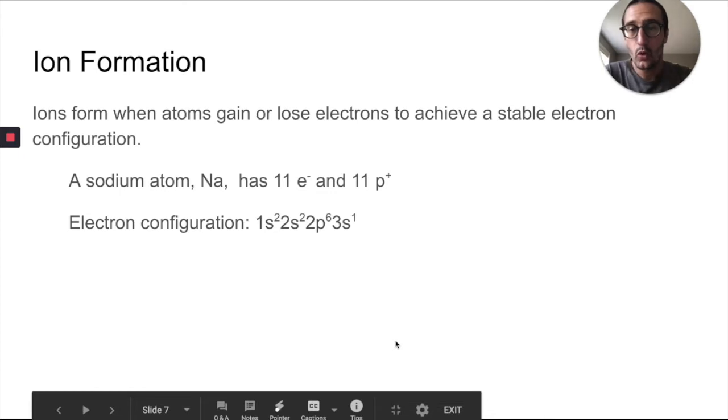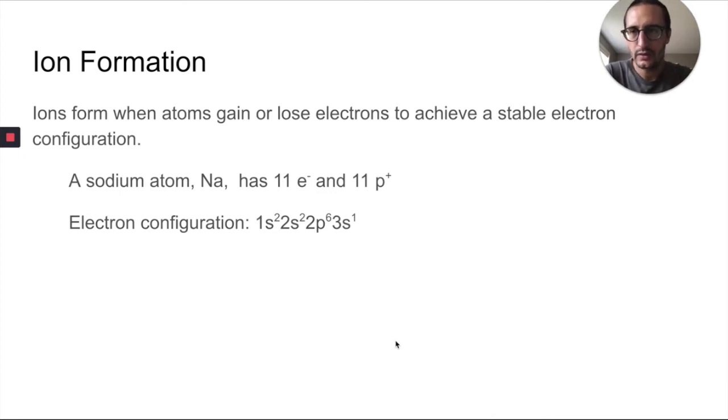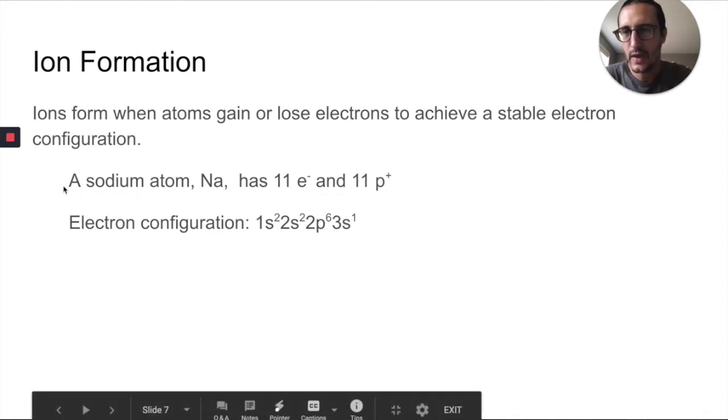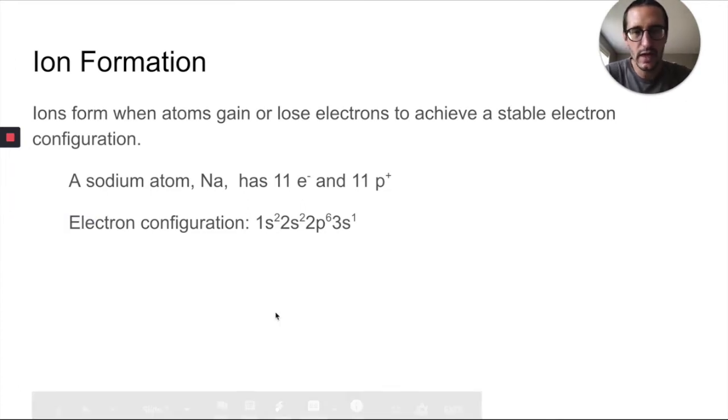So, a little more now about ionic bonds. Ionic bonds form, again, when atoms lose or gain electrons to achieve a stable electron configuration. In this example, we have a sodium atom. A sodium atom is a neutral atom, and it has 11 electrons and 11 protons.